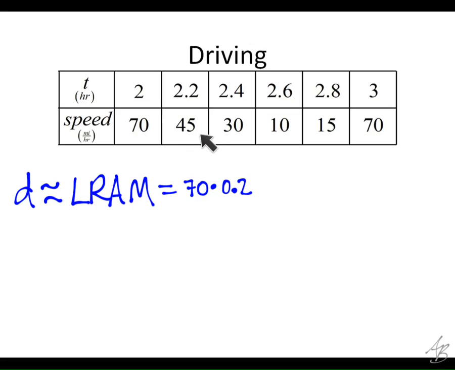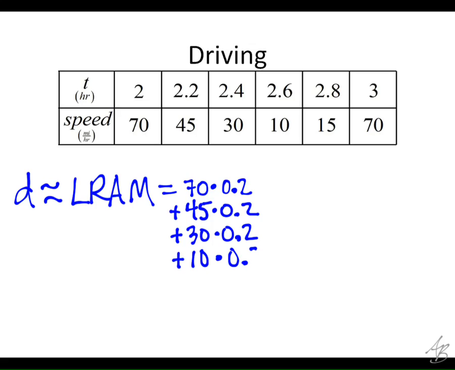Then for the next 12 minutes, we take our speed at the beginning of that interval. So we're going to add on, and I'm going to stack this just so it looks a little bit better because I know I'm going to run out of room, 45 times 0.2. And then we're going to add on what? 30 times 0.2. And you guys may notice here, we talked about this yesterday, since we have 0.2 in every one of these terms, what could we do to make the calculation a little bit easier?